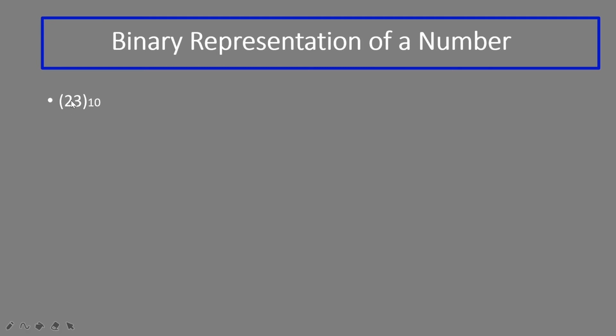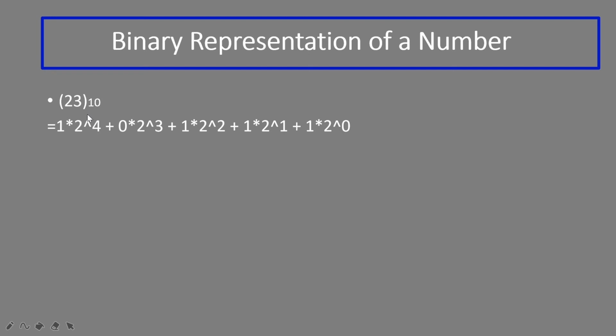How can we represent 23 in base 2? How can we convert this number into base 2? To do that, we have to split this number into powers of 2. Let's see. 23.